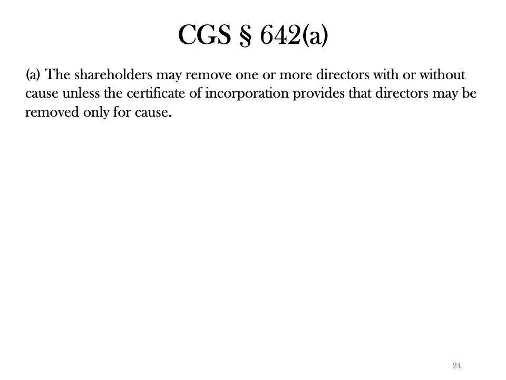The RMBCA rule, which again Connecticut has adopted, is that shareholders can remove directors with or without cause, and it doesn't matter if the board is staggered or not.